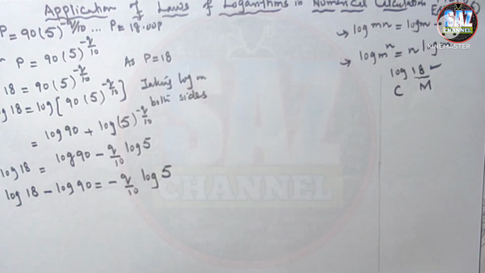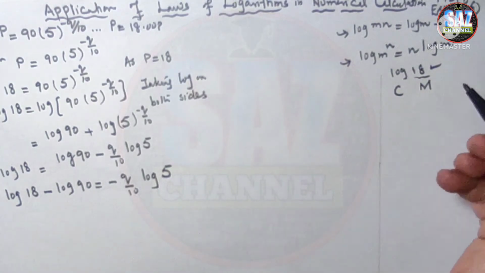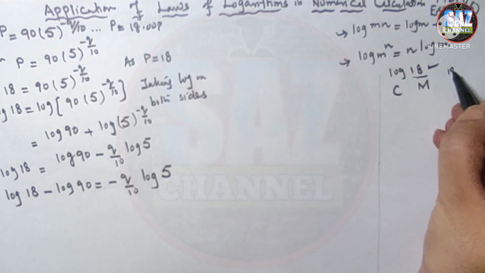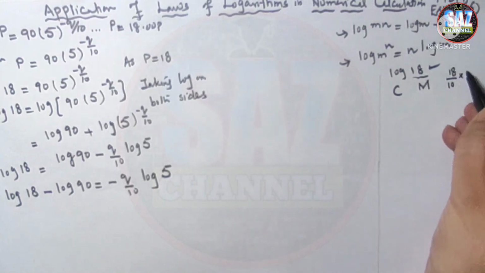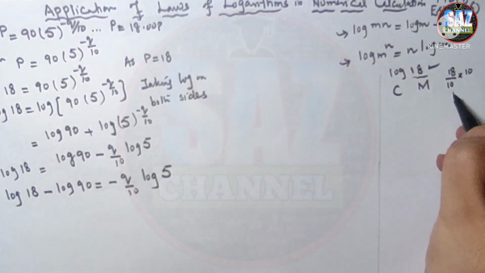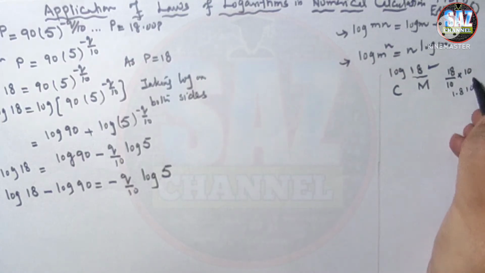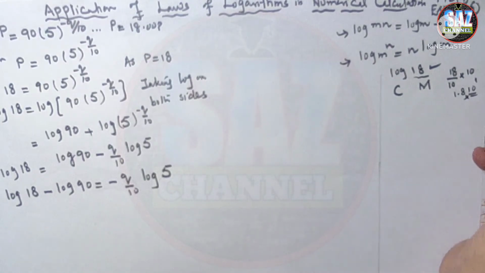Either you can turn this number into scientific notation, and the power of 10 will tell you the characteristic of this number, like 18. When I bring it down to scientific notation, I have to multiply and divide it by 10. This will become 1.8 into 10 raised to power of 1. Characteristic is 1.